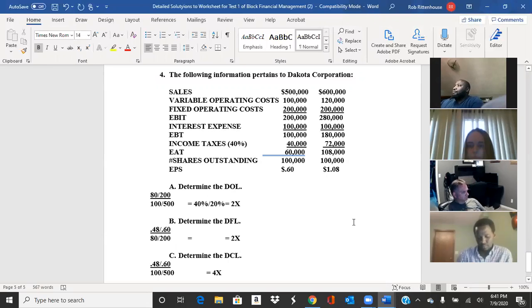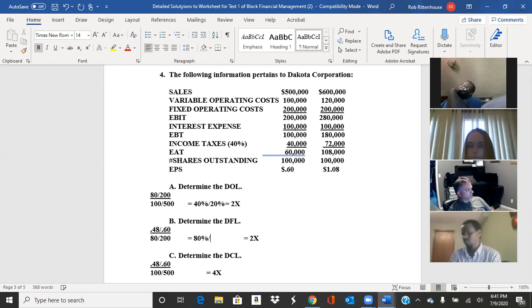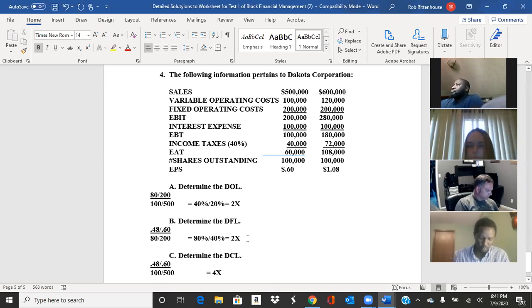So 48 over 60, well, what is that, 80%? That's an 80% increase in earnings per share. We're dividing that by the percentage increase in operating profit, which we already computed above. 80 over 200 is a 40% increase in operating profit, and that equals 2 times. So in other words, for every percent operating profit goes up, earnings per share will go up 2%. When operating profit went up 40%, earnings per share went up at twice that rate, or 80%.